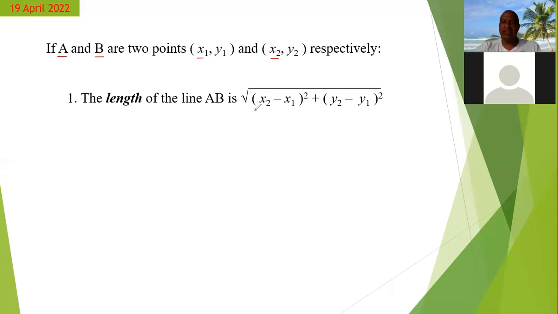So for this bracket, we have x2 minus x1. Now for the next coordinates, which would be the y coordinates, in A we have y1, and in B we have y2. So for the next bracket, we subtract y1 from y2.